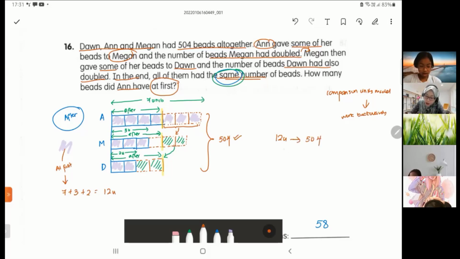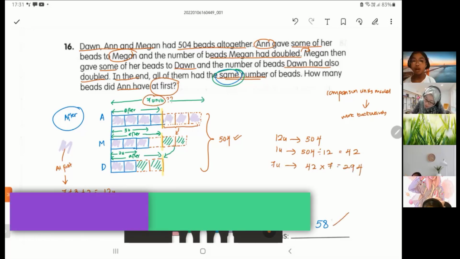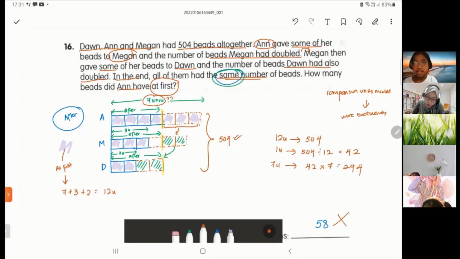Then 1 unit will be 504 divided by 12, which equals 42. The number of beads Anne had at first is my 7 units, which I want to find. So 7 units will be 42 times 7, which equals 294. So it's not 58, but it's 294. What concept is this? As I mentioned, it is the comparison units model using working backwards to find the number of beads Anne had at first.